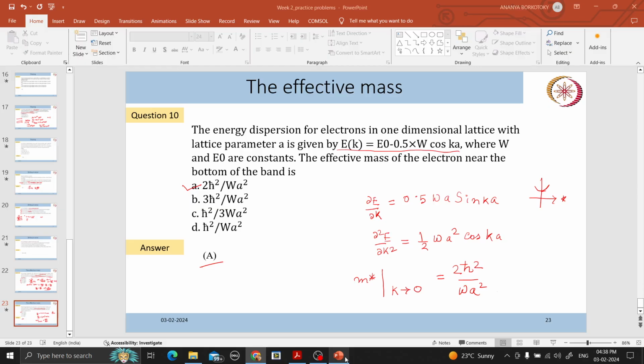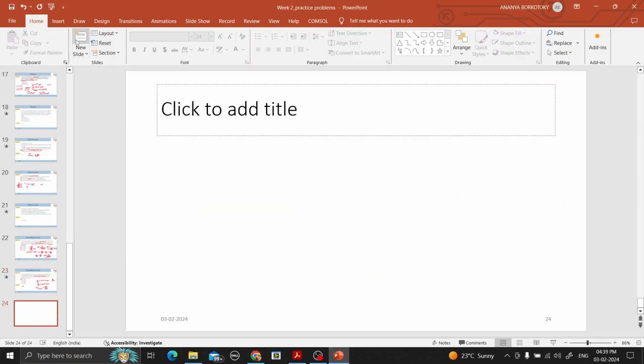Okay, for this session I have these 10 questions. Since we have time, let me ask you a question. We have already solved questions on reciprocal lattice.